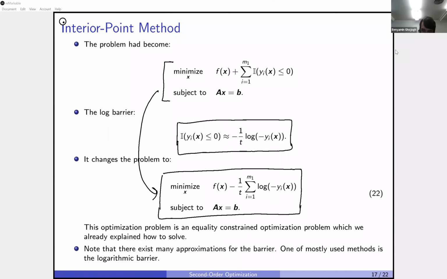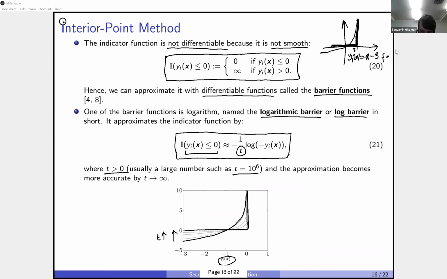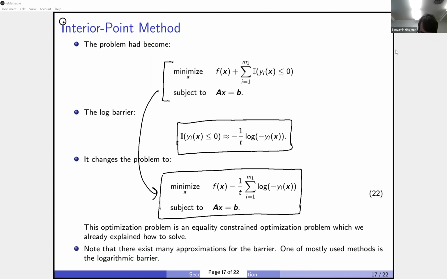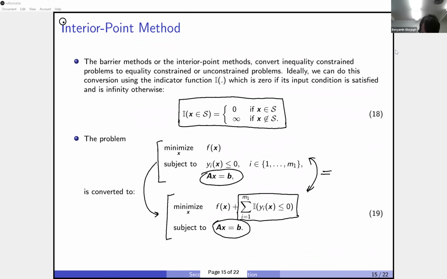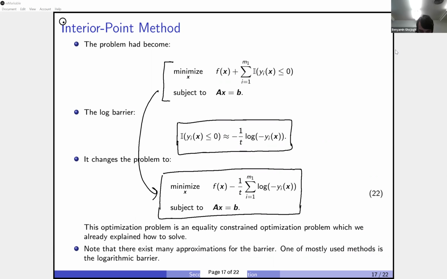That's it. So we can solve the general case optimization problem, which was this. This we solved, we converted that. And this is called the interior point method.